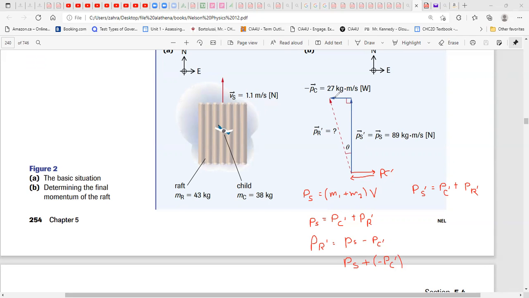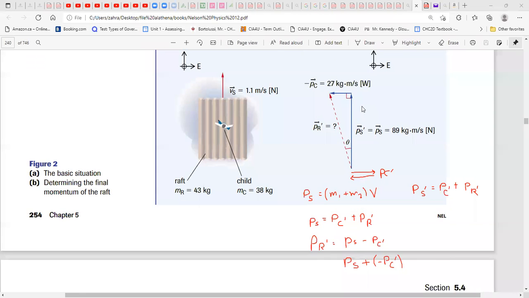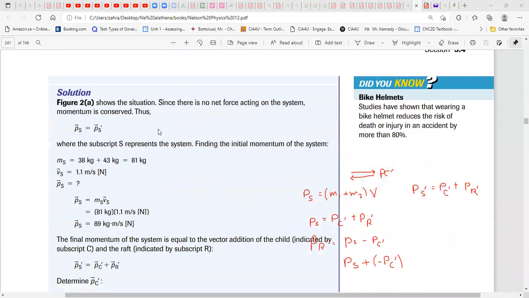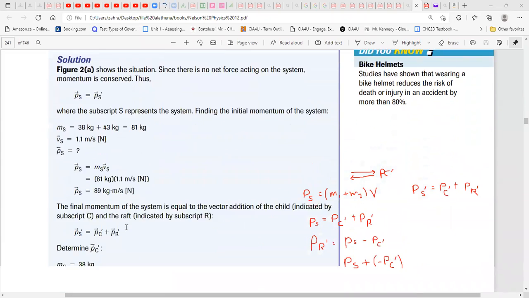You can use the Pythagorean theorem to do that. First, P of S, of the child and raft together, multiplied by V of S, gives you 89.